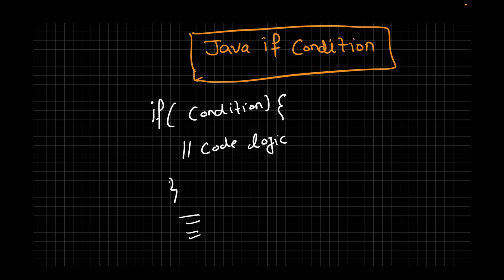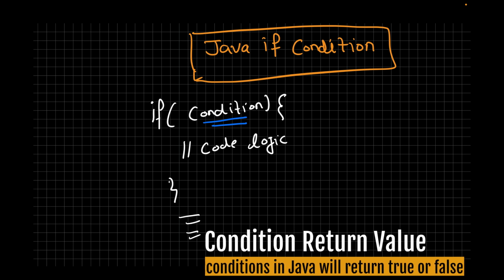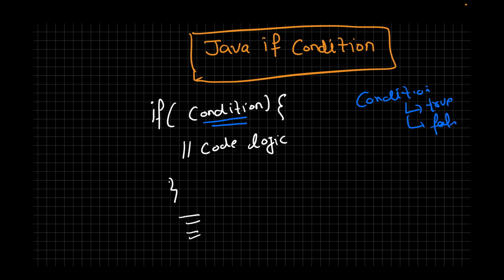Now there are a few important things. Number one is your condition. For if, you see there is a block, and within that block there is a condition. The condition is a test that evaluates to either true or false.